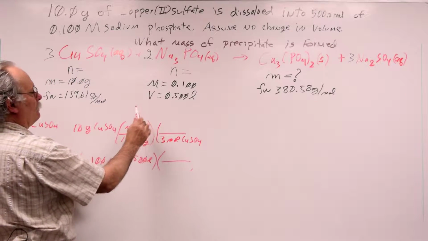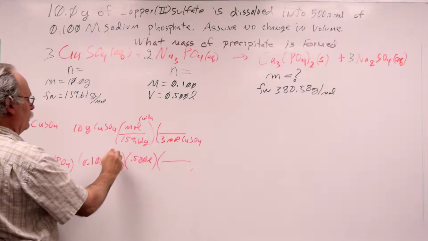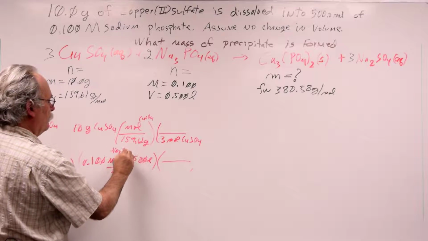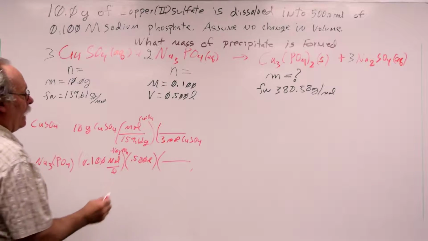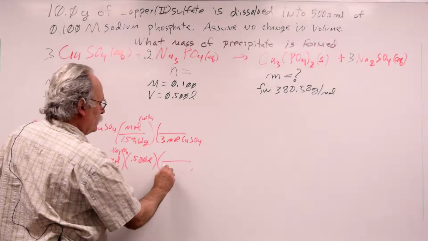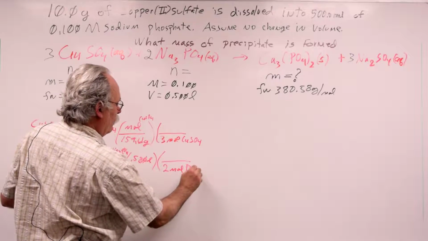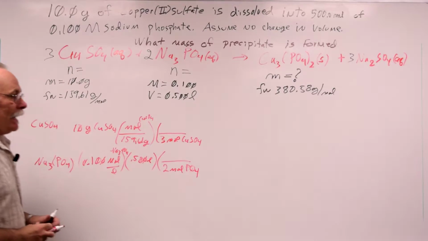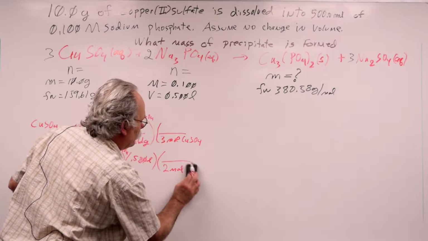And I should have written up here CuSO4, and I should have written here Na3PO4 to identify what the substance was. Now, over here, I have 2 moles of Na3PO4.